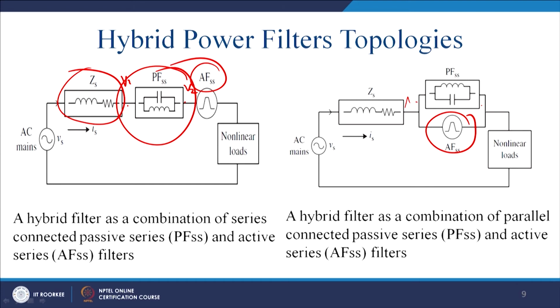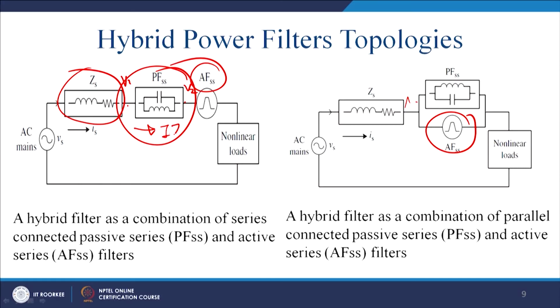So, we require to see which topology has greater merits, considering the different values of current going through it. So, you have I into Z as the voltage developed across it. So, what is the rating here, which one is less, based on that, and what is the performance of it, that is also a consideration. So, we have to have an optimization based on this.